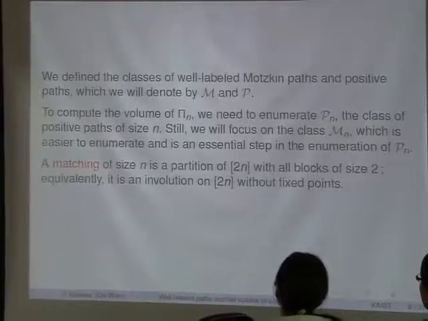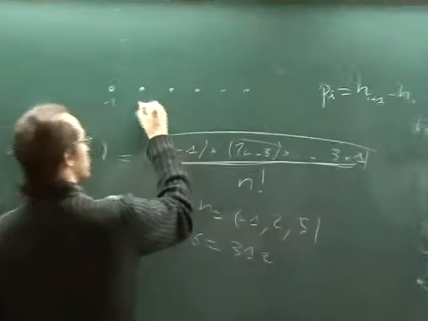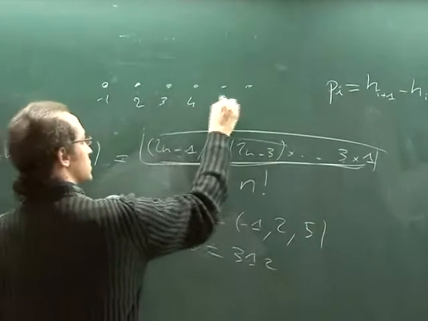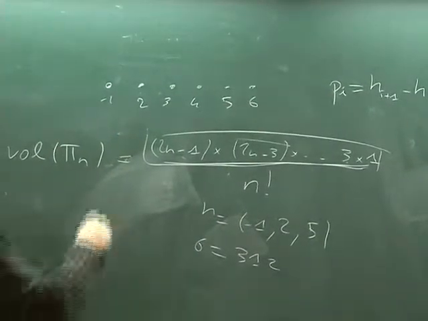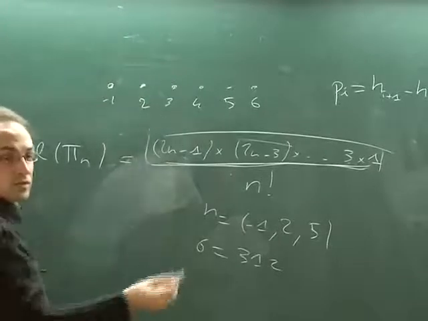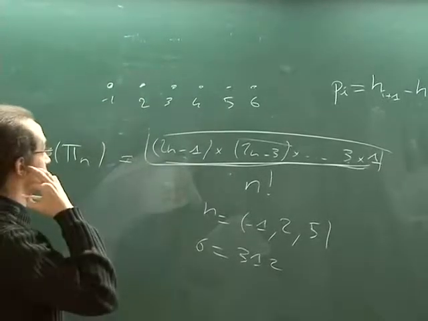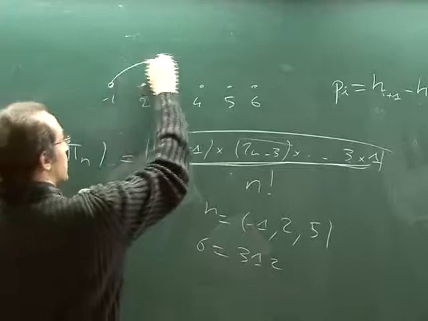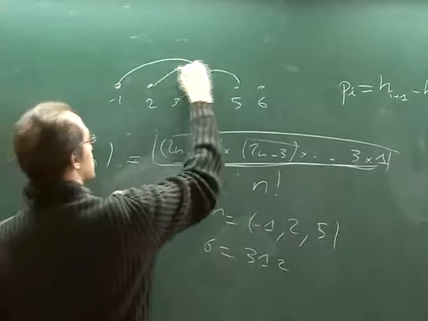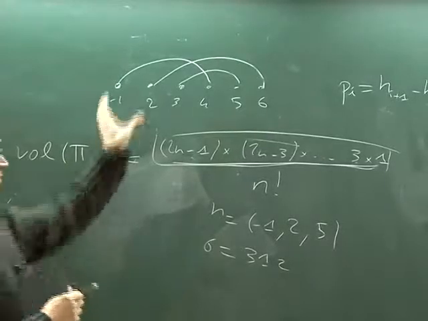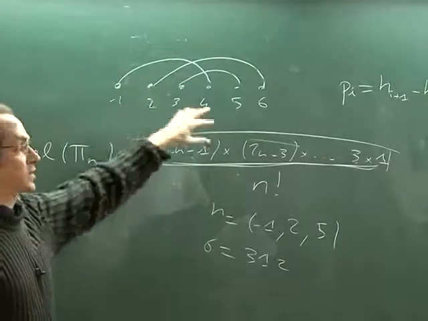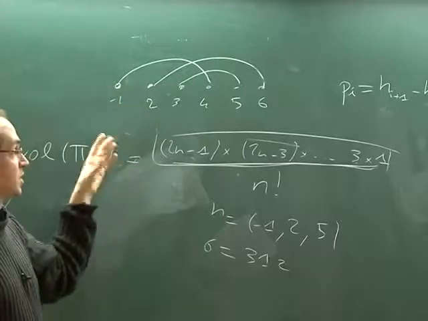You can draw them as just pairs. So this is for n equals 3: you have twice the number of points, and you just join the points 2 by 2. You could join 1 to 4, 3 to 5. I will draw them like this most of the time. The order in each pair is not important.